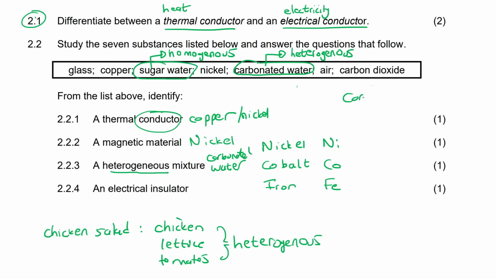Now, if we know that conductors are typically metals, then insulators would be non-metals. So we said that glass is a non-metal. Remember, it's brittle, meaning that it doesn't bend. So that means it's a non-metal. That was one of the properties of non-metals, that they cannot bend. They are brittle. And so I'm going to use glass over here.